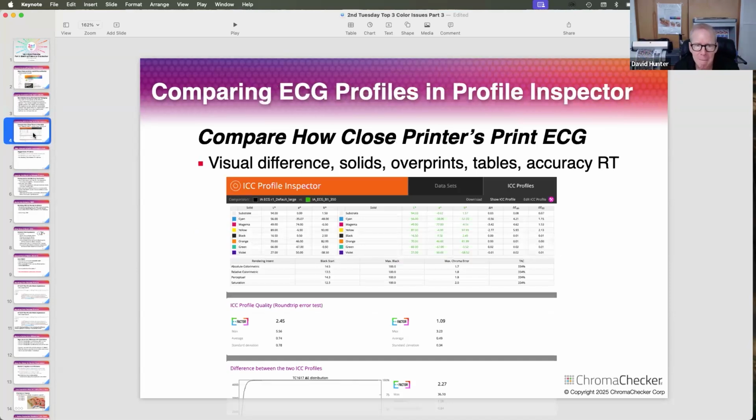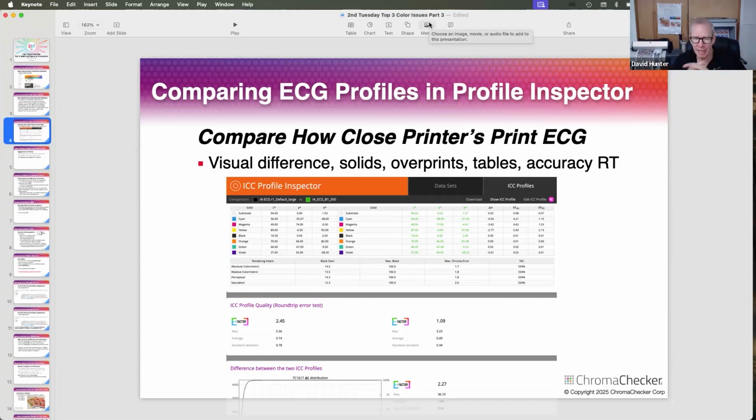In addition, we've added the ability to compare extended color gamut profiles. We've always had within ChromaChecker's ICC Profile Inspector the ability to compare two profiles to one another. Now we've added the ability to do this with extended color gamut profiles. This has been really handy because if you print extended color gamut, there hasn't been a reference available to aim for until recently.